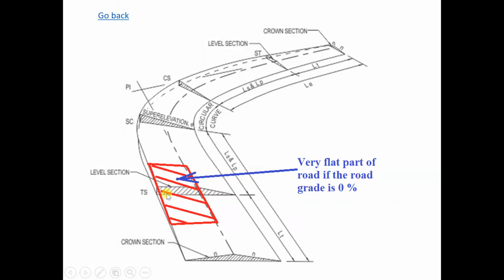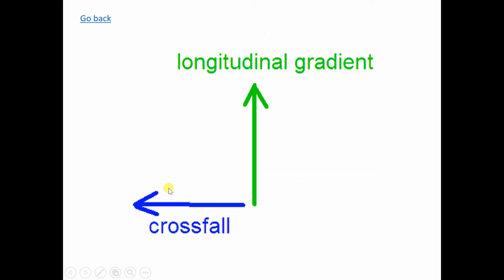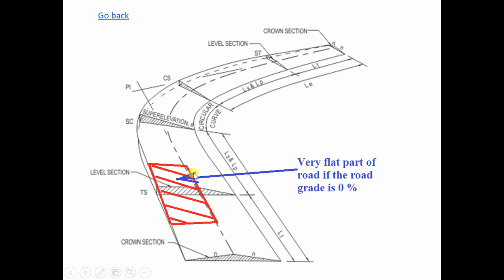The road has to rise from the crown to the level, and then up to the superelevation, and then return back to the level and then to the crown again.